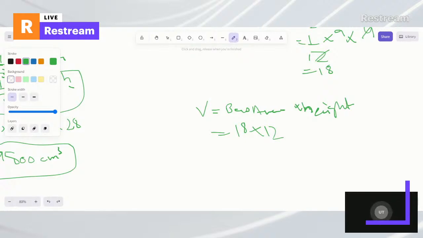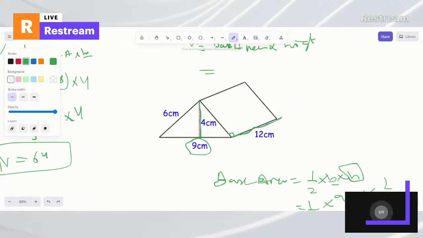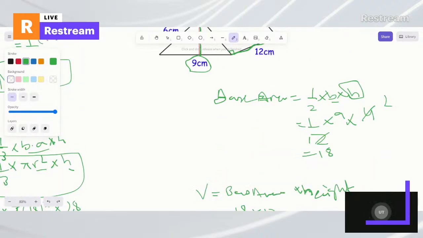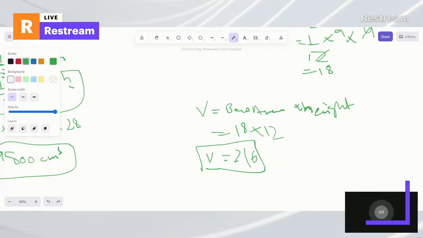So 18 times 12 is going to be 216, right? So that is the volume of the shape. I hope that this is clear. This prism is clear to all of you as well.